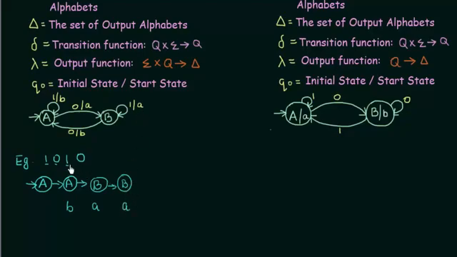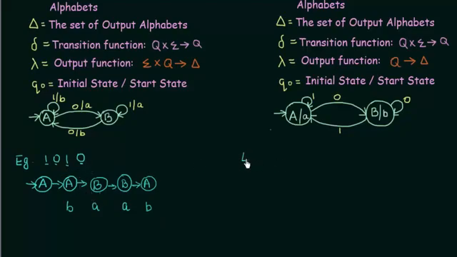And we are done with this. Now we come to this. We get 0 and we are in B, and on B, when we get 0, it goes to A, and it produces output small b. So B goes to A, producing output small b. So here we get the output b, a, a, b in this Mealy machine.